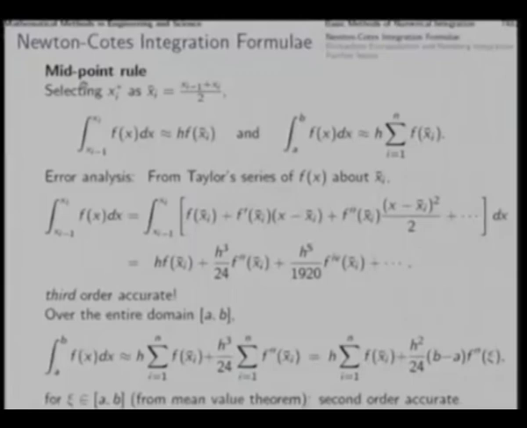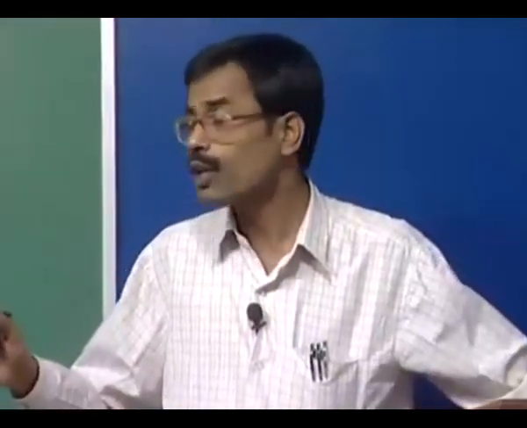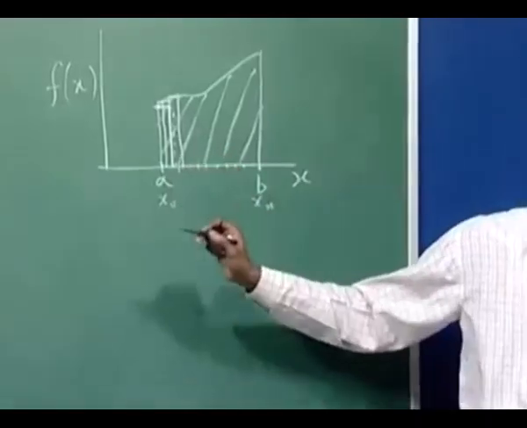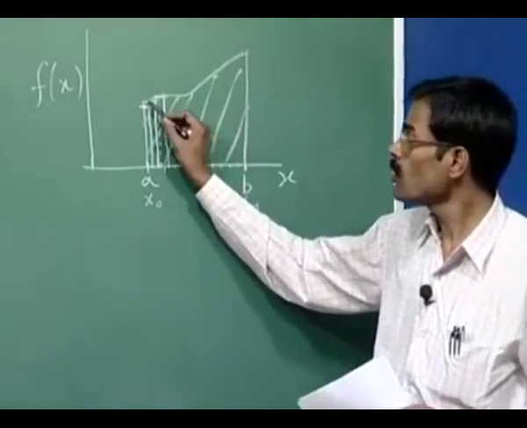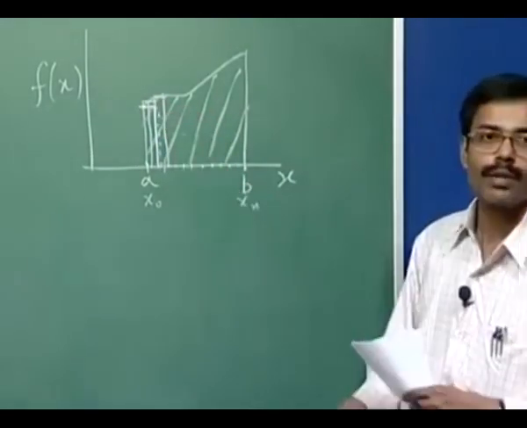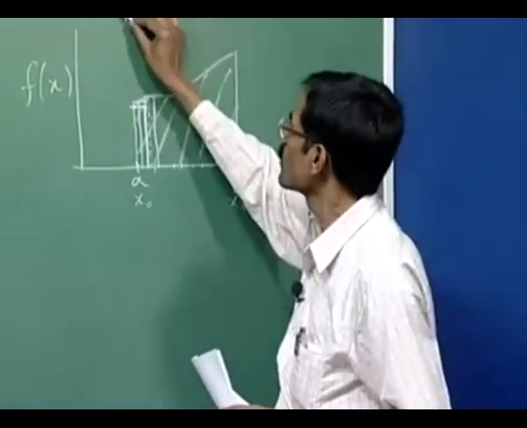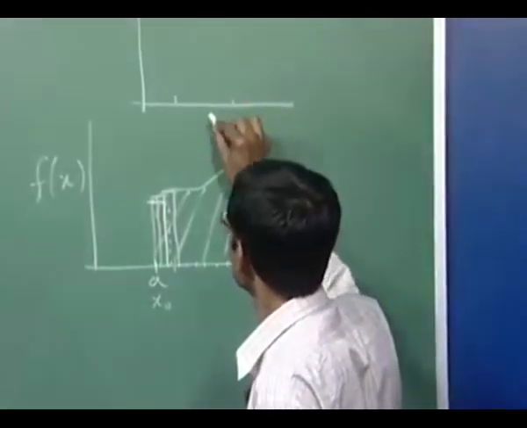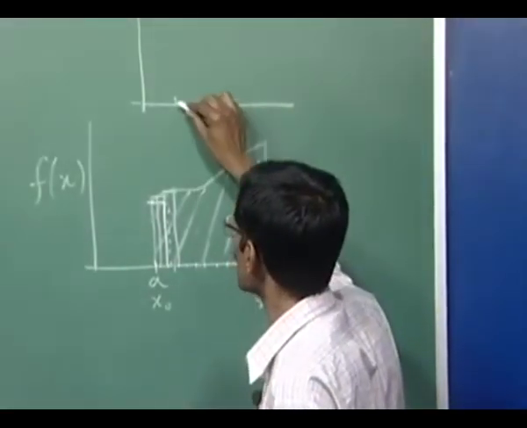This is the midpoint rule. Now, this was the result of taking one function value in every subinterval. If you decide to use two points for every subinterval, then over every subinterval you will not approximate the function with a constant value, but you will approximate it with a, say this is the interval shown exaggerated.